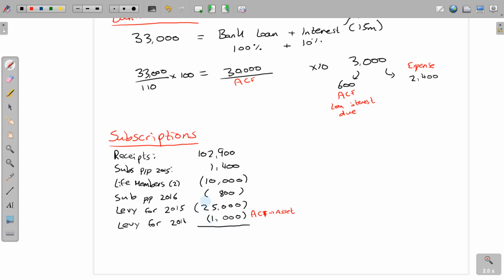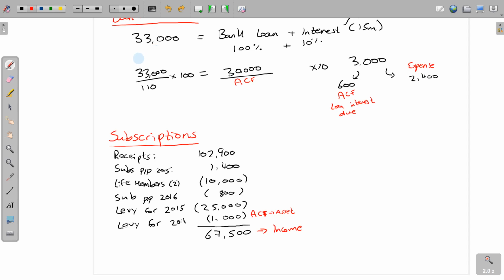So if you add all those up now, you should get 67,500. And that is a figure that will go into our income. Perfect. And you get something like 6 marks. So that's 10% of the whole question going for this figure.